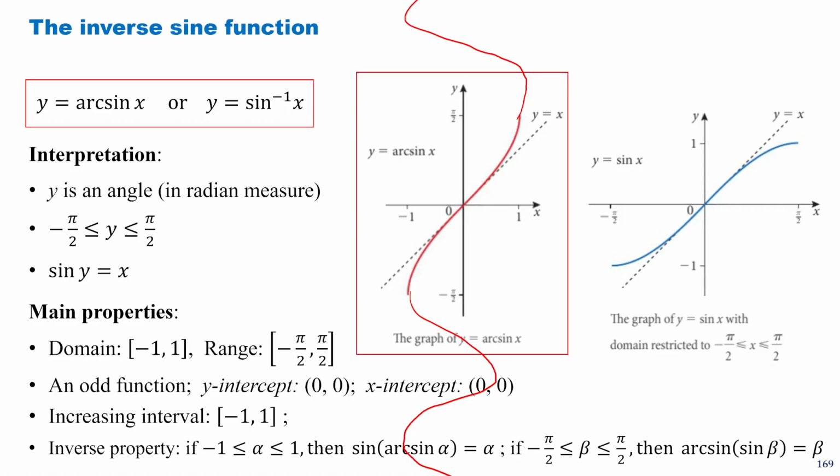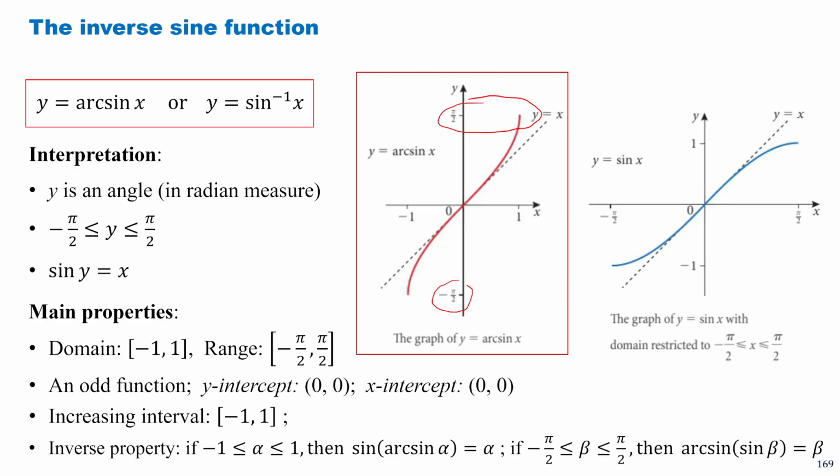Therefore, in order for the inverse of sine to be a function as well, we need to confine its interval to this, from negative half pi to half pi. If you only consider this interval, the inverse of sine also has the property that a function has, in which each input corresponds to only one output.